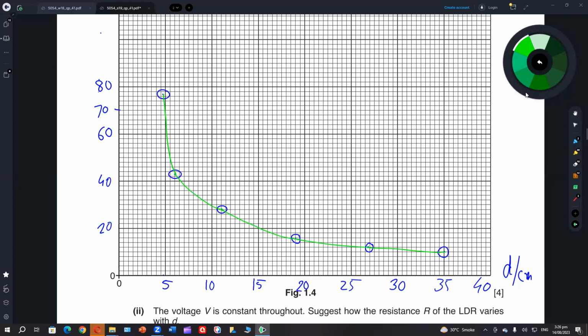Look, I have tried to join the majority of them, but it's not necessary that all the points come in a line. You should share your graph with me on the chat, on WhatsApp.